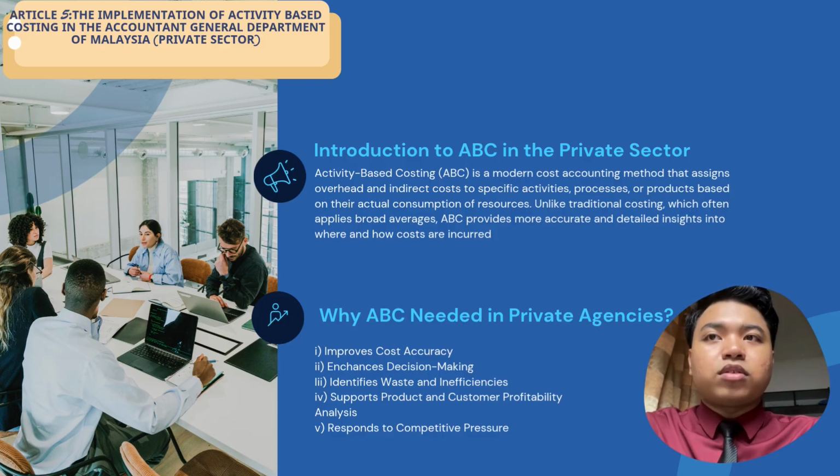With precise cost data, managers can make better strategic decisions such as which products to promote, which service to cut, or how to improve processes. Number 3, identify waste and inefficiencies. ABC reveals which activities consume the most resources. Companies can reduce or eliminate non-value adding processes, improving operational efficiency.